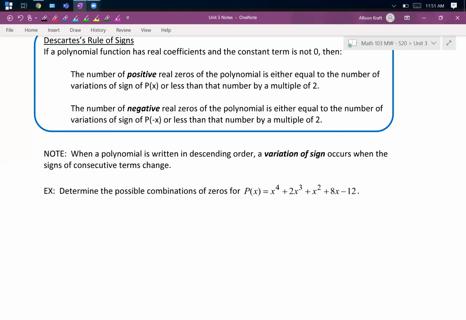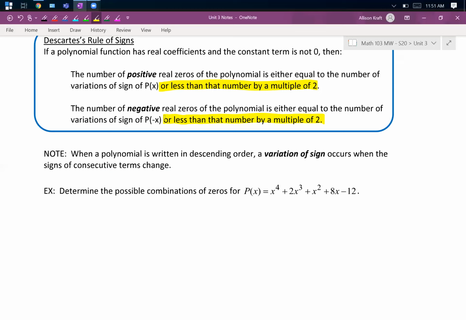So we'll actually have to plug negative x in for x, clean it up, and then have a new function to look at. The number of negative real zeros is either equal to the number of those sign variations or less than that by a multiple of 2. You'll notice that both of them say or less than that by a multiple of 2. What's going to happen is we're going to create a chart, and we're going to come up with different options.